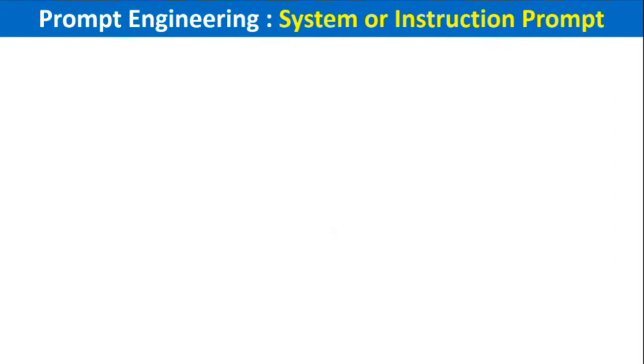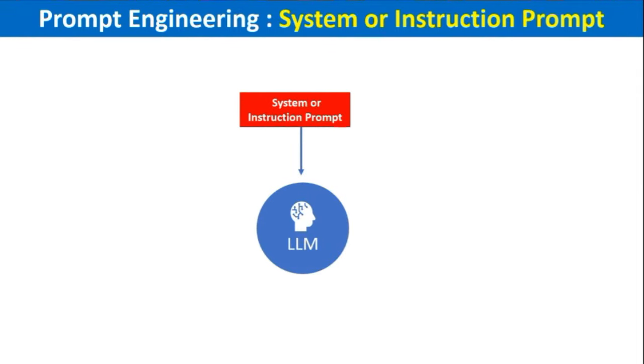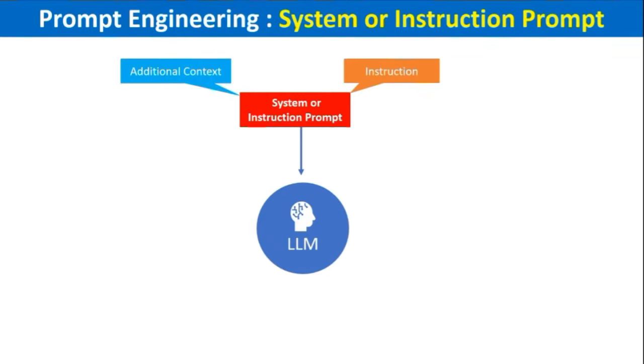So with that analogy, now we can say that in the context of large language models and generative AI, a system or instruction prompt refers to the initial setup or pre-formulated input in terms of instructions and additional information, called context, provided to the model to guide its response or behavior in a specific way for a user query.